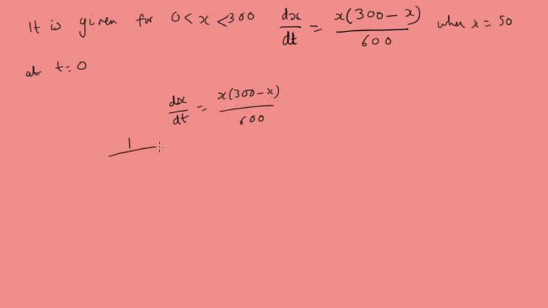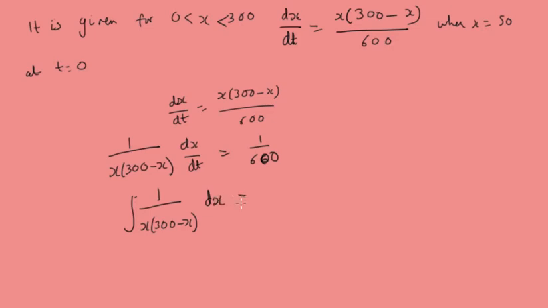So we'll have 1 over x times (300 minus x) dx by dt is equal to 1 over 600. Now we're going to integrate. And the dt's will cancel out here, so this will just be dx, and this is going to be the integral of 1 over 600 with respect to t.